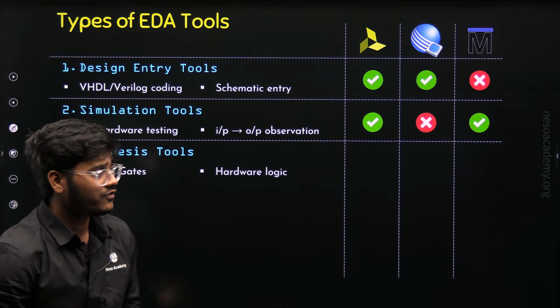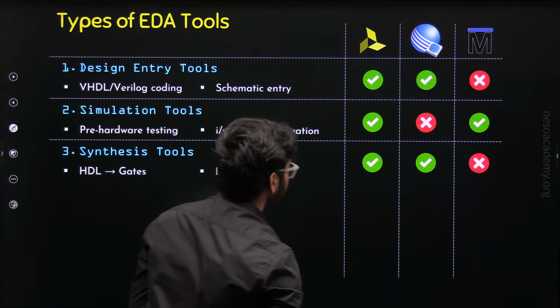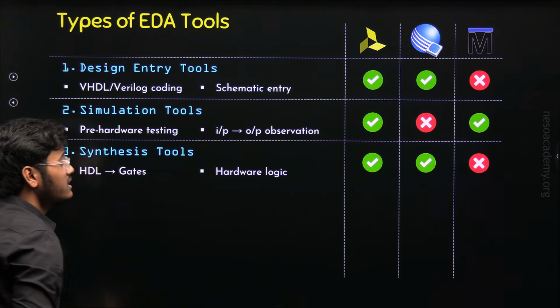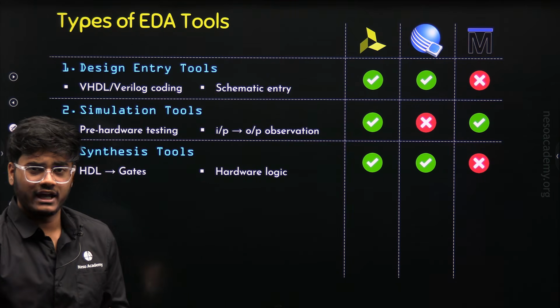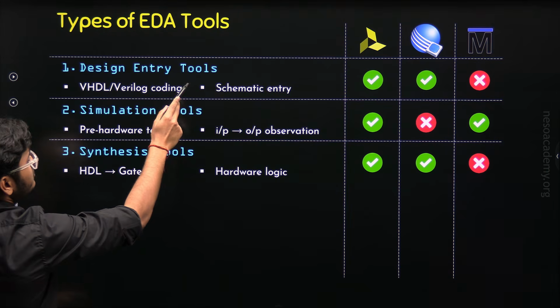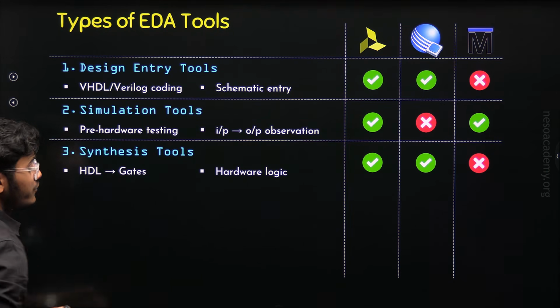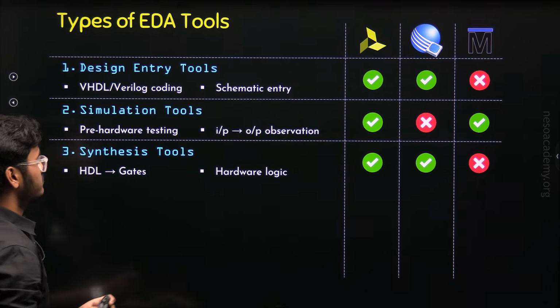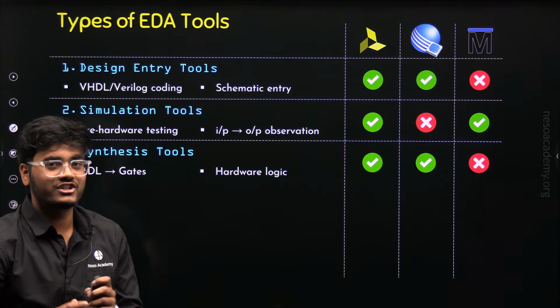For synthesis, we can use Xilinx Vivado and Intel Quartus Prime. In this process, the design starts becoming hardware. So far, we have seen design entry tools where we write VHDL code, simulation tools where we verify VHDL code, and synthesis tools where a netlist is generated.